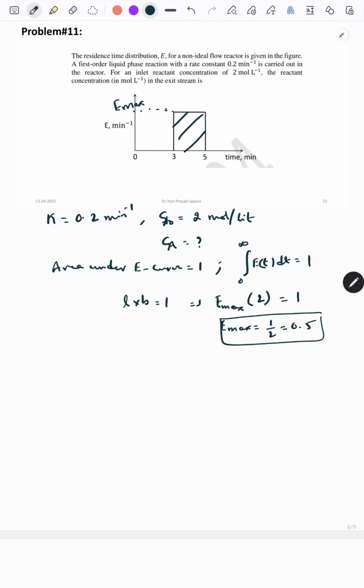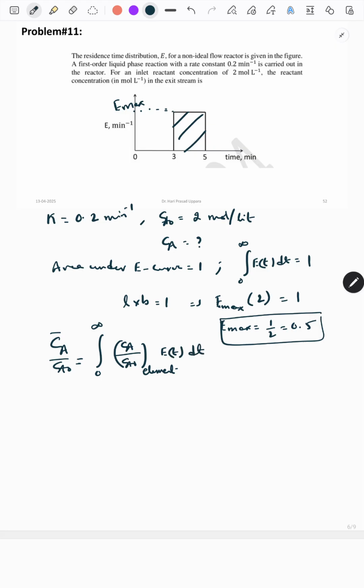Now in order to calculate the reactant concentration at the outlet, as per the segregation model, the mean concentration at the outlet, Ca bar by Ca0, is given by integral 0 to infinity of Ca by Ca0 of the element, each element spent inside the reactor, multiplied by E of t into dt.